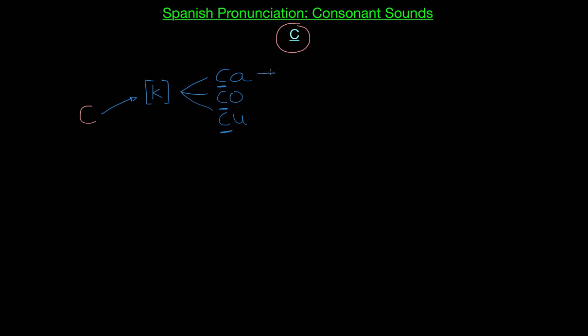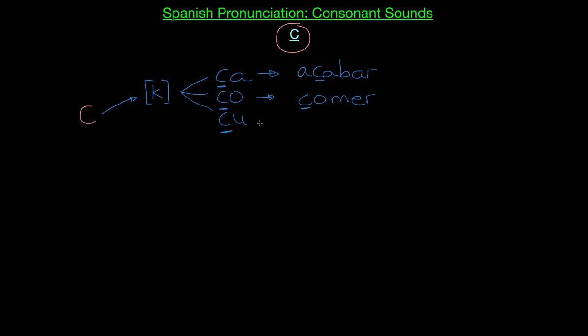Let's look at some words that contain these sounds. An example of a word with ka would be acabar, to finish. An example of ko would be comer, to eat.